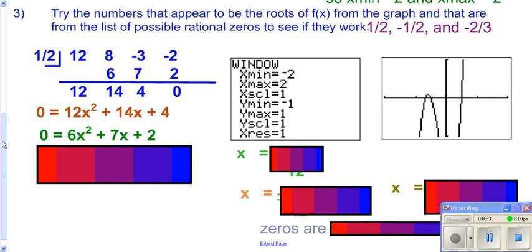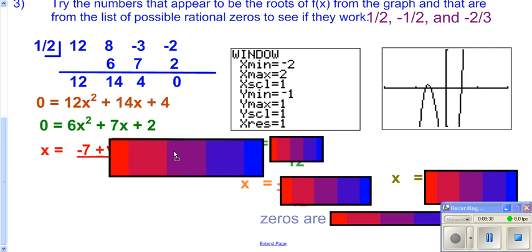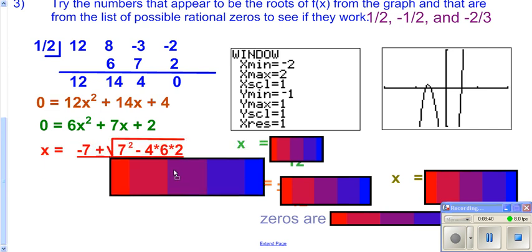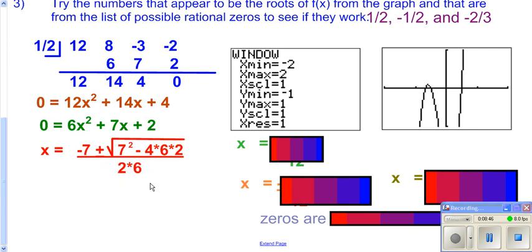It's not going to factor nicely, so all we have to do is use our quadratic formula. Opposite of b plus or minus the square root of b squared minus 4 times a times c, over 2 times a. So we simplify the root. We get -7 plus or minus, and our root simplifies down to 1.